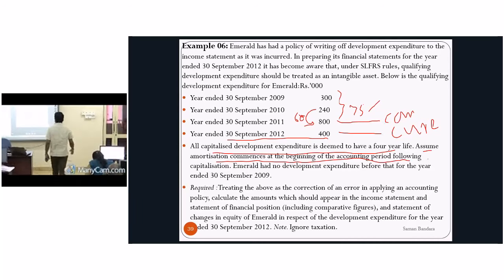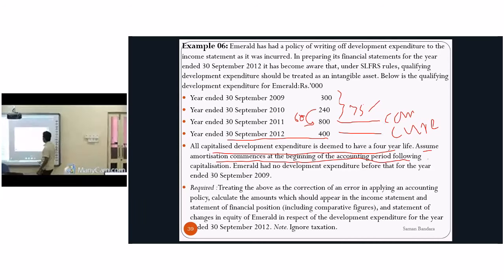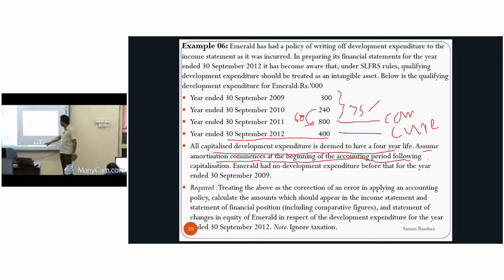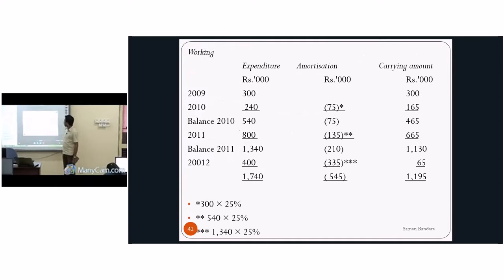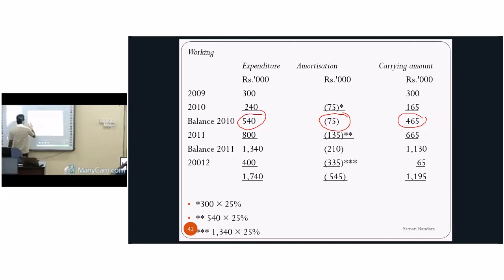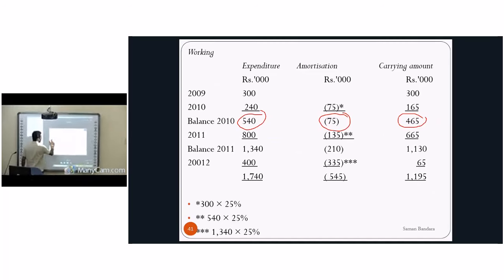Now what about next? Look, the answer here. This is the presentation. Look, these are the amounts they have written off already. Now this 540 minus this 75, total impact 465. We have already reversed it, because my most recent retained profit brought forward will be this date.